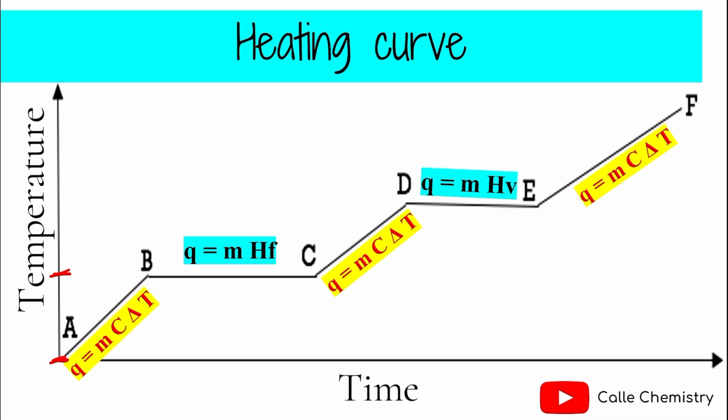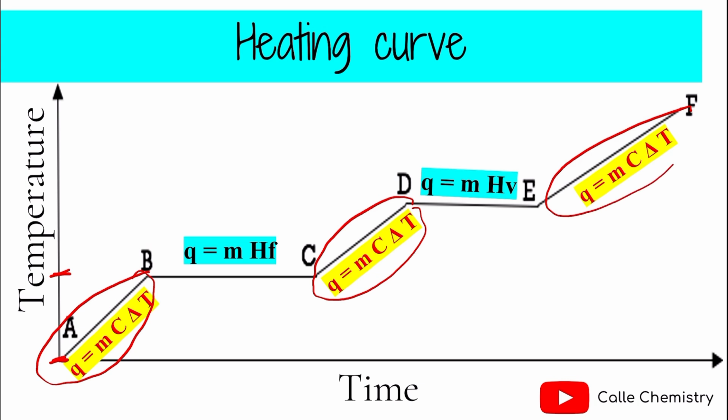So we would use Q equals MCΔT on this line. Same goes for all of the slopes. So when the substance is in one phase, we're using Q equals MCΔT.